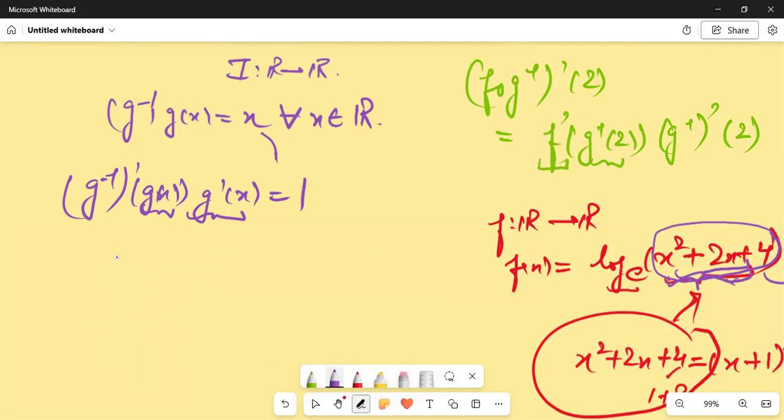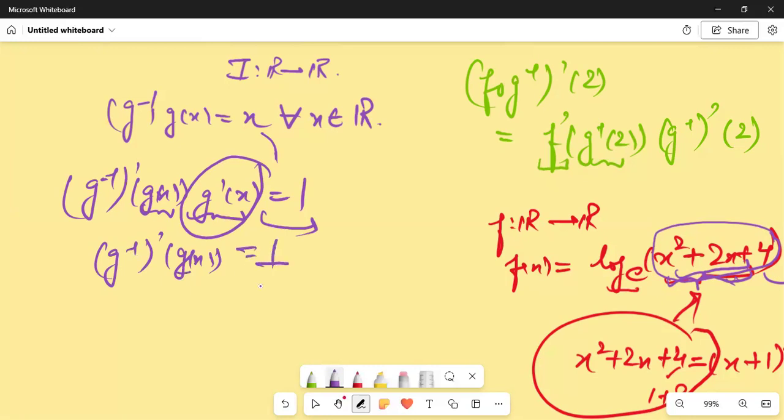Now, using inverse function theorem, or you can see it directly as well, if you are able to take this in the denominator, then you will be able to find the derivative of g inverse at this point, which will be given by this. But for this to be taken in the denominator, you should have this value as non-zero.